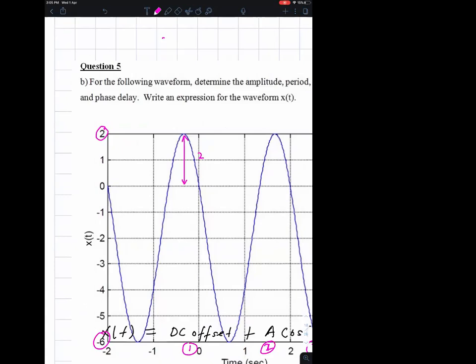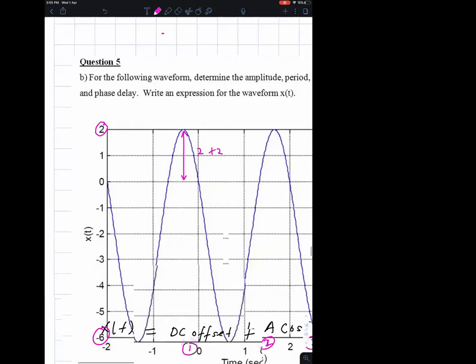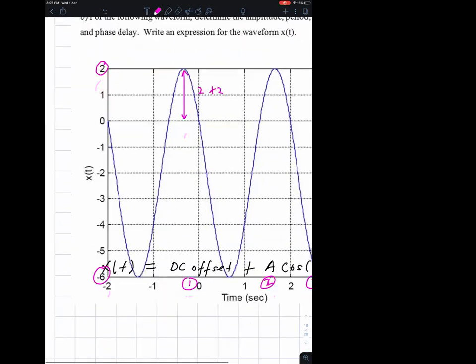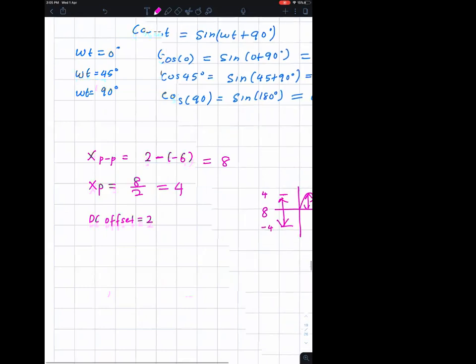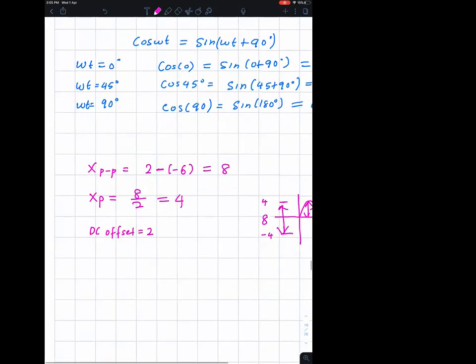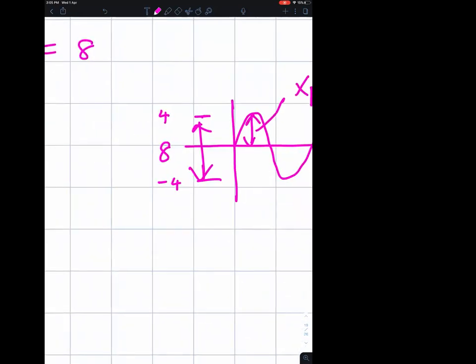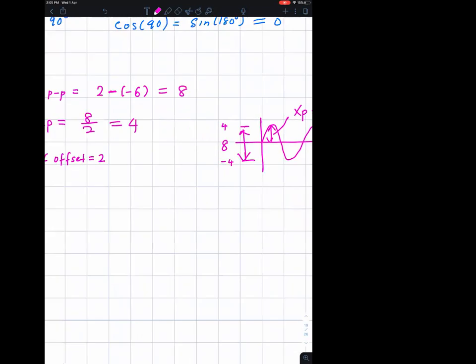You must add 2, right? Yes. So your DC offset is 2. With the DC offset, it will be swinging from -4 to +4. So the DC offset is 2.